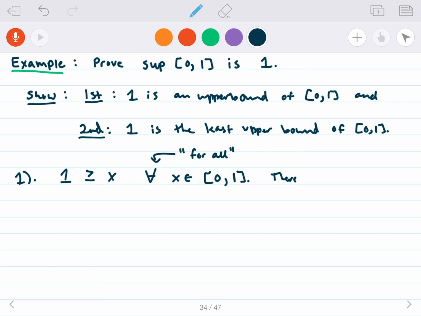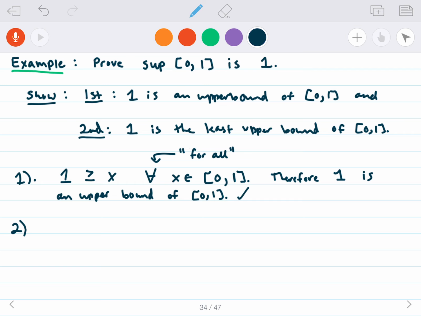Therefore, 1 is an upper bound of [0, 1].